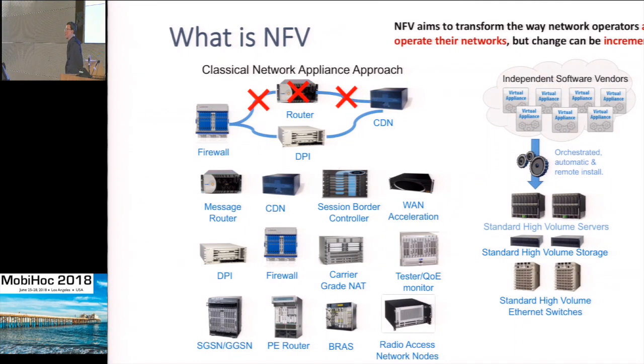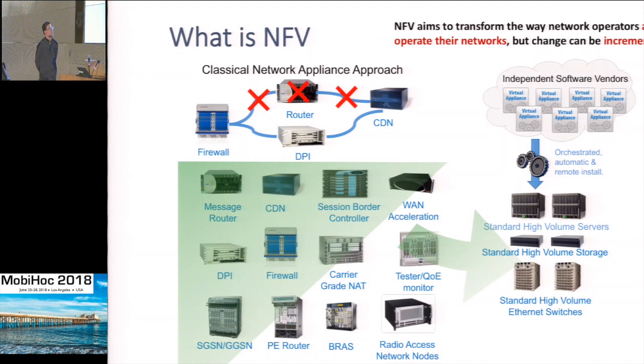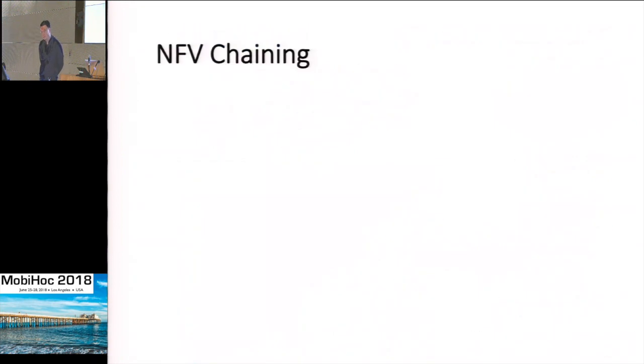But instead of pinning down to a particular hardware, we allow some standard high-volume servers. So if you want to deploy some type of service, we can instantiate some of this software on our servers, and when finished, we can deactivate it. So the idea is to map all these network services into what we call software, so that we can easily deploy them.